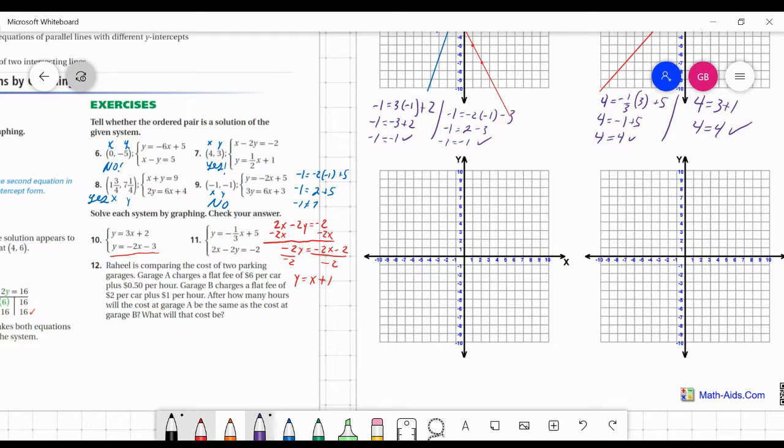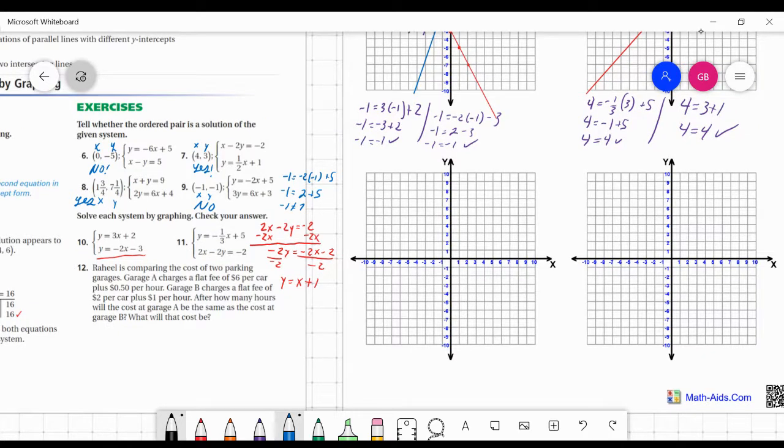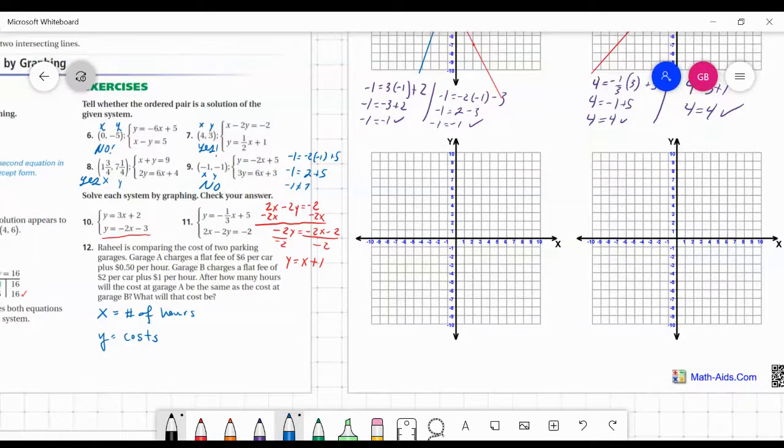Okay, so let's create some equations for these first. First, let's name the variables. Let x equal the number of hours and y equal the cost. So that would be the fee plus the cost per hour.